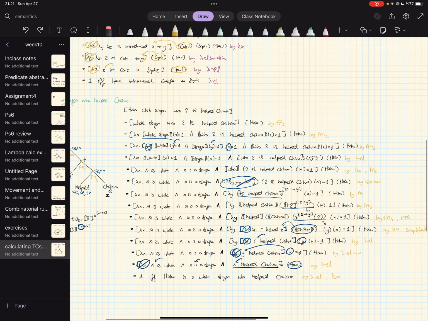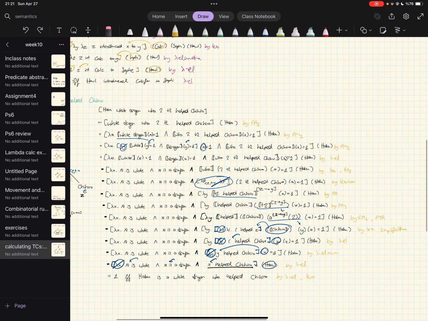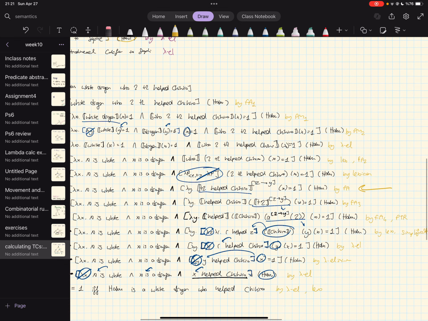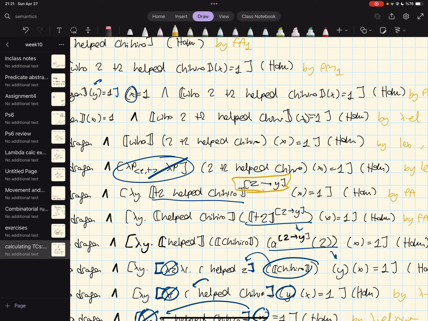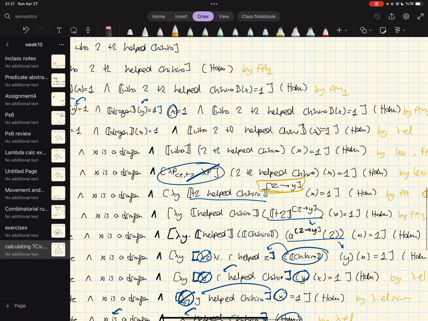So this is how it went. We applied all of our function applications, all of our predicate modification. Sometimes we made use of our lexicon. And then when we were applying predicate abstraction, we wrote down the domain in the superscript. The assignment function A maps 2 to y.